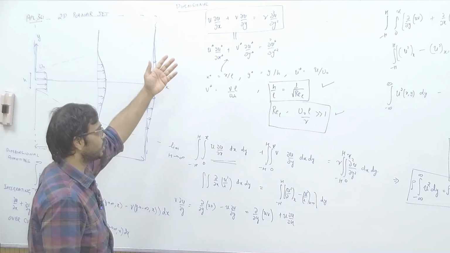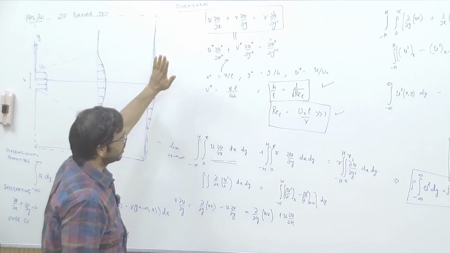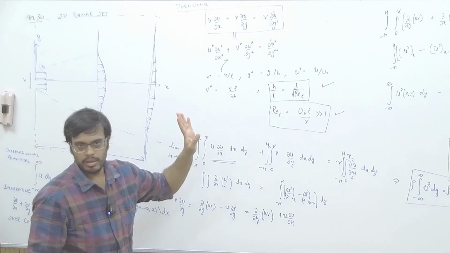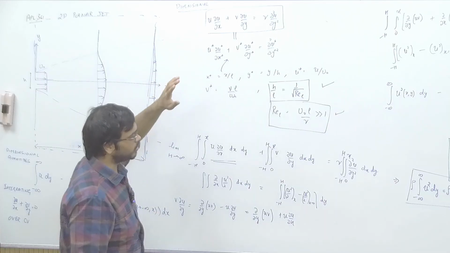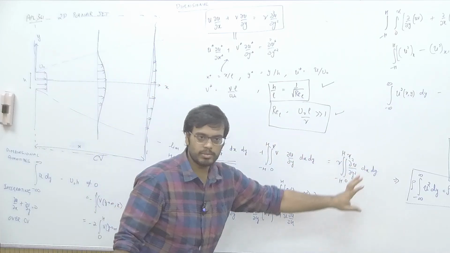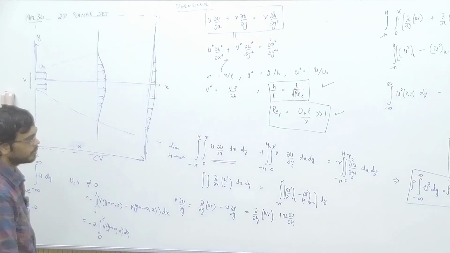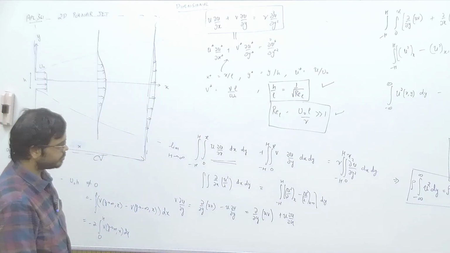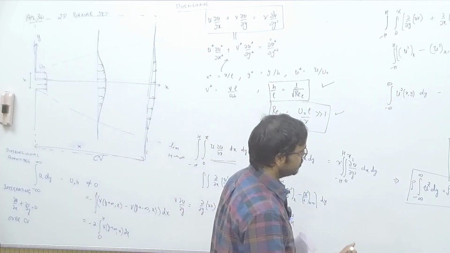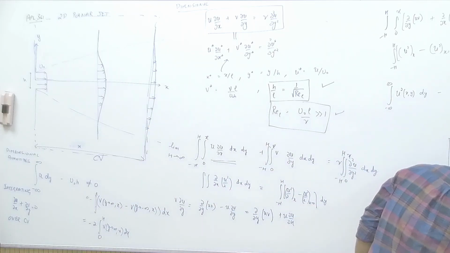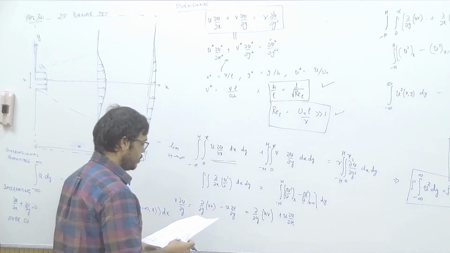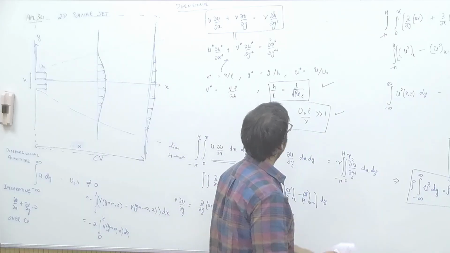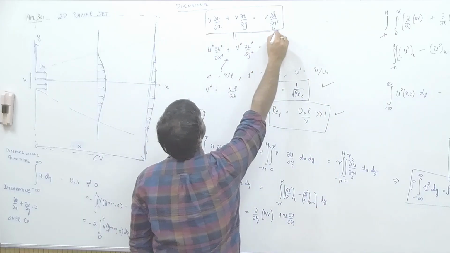So that's why I followed that procedure: I assumed all differential equations without any assumptions, of course after the boundary layer approximation, and then I integrate them over a volume. Constant in x. So with this we will try to solve our jet equation.